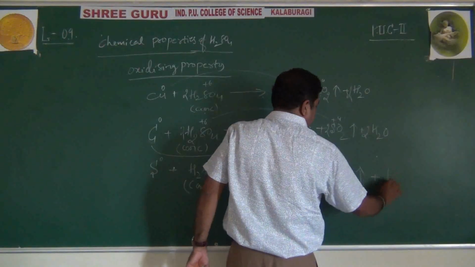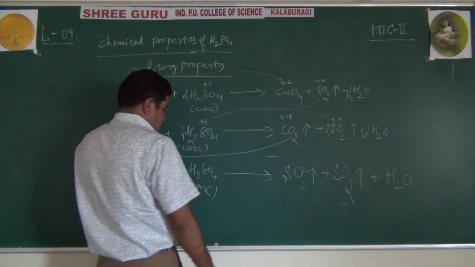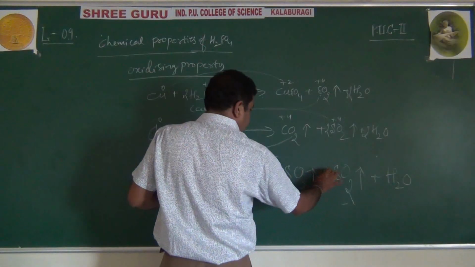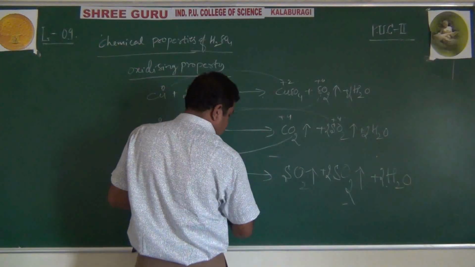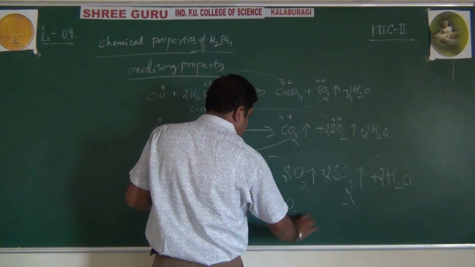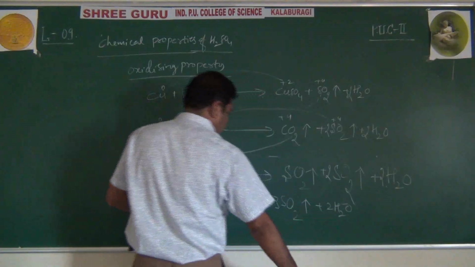Very interesting. So 2H2SO4, right? 2H2O. So you can also write it as 3SO2 plus 2H2O.